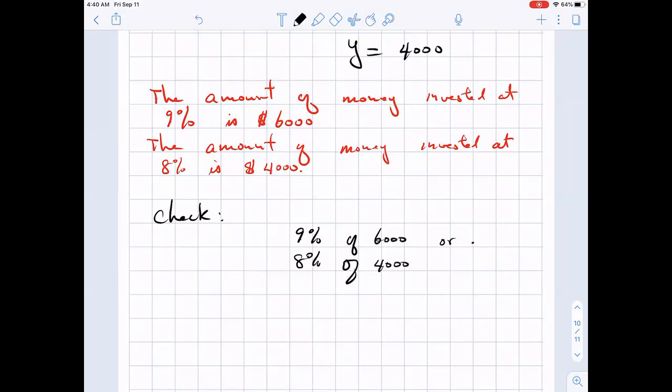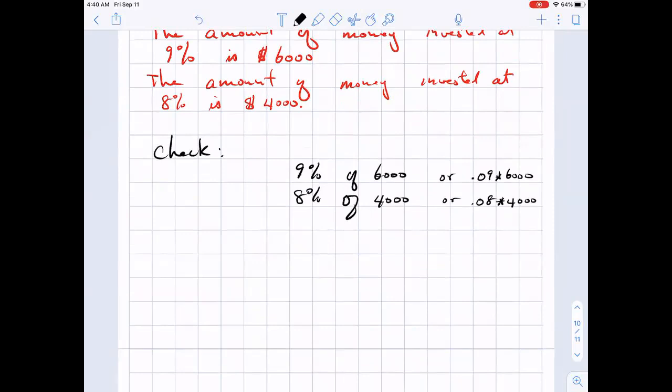Or you can write 0.09 times 6,000, 0.08 times 4,000. 0.09 times 6,000 is equal to 540. 0.08 times 4,000 is equal to 320. So you did get an interest of $860.